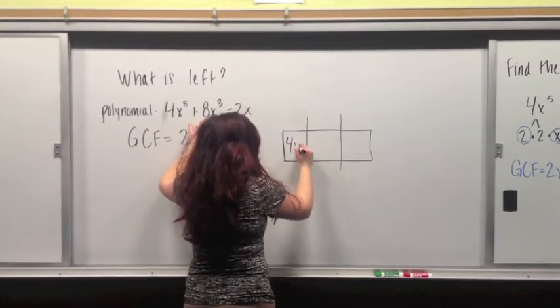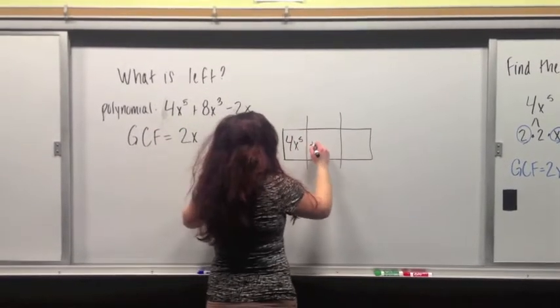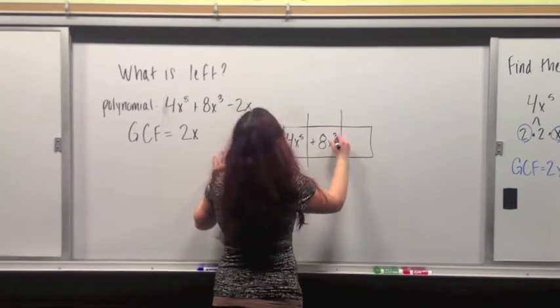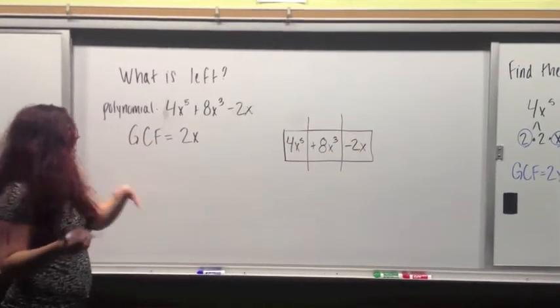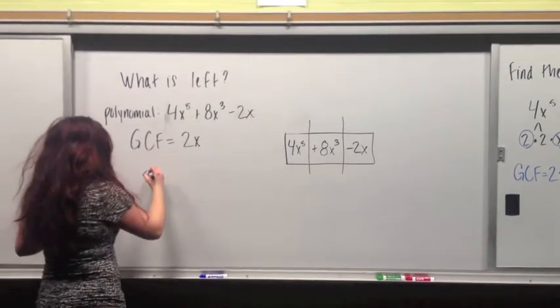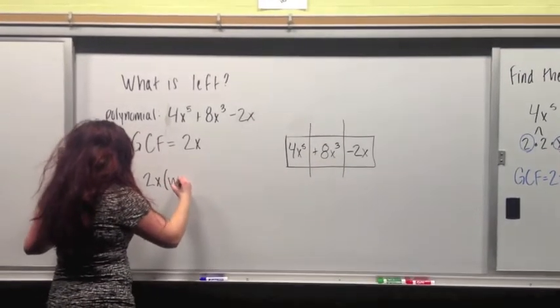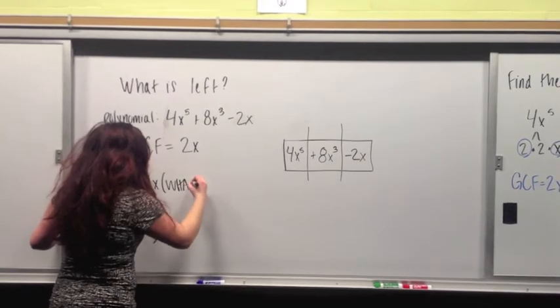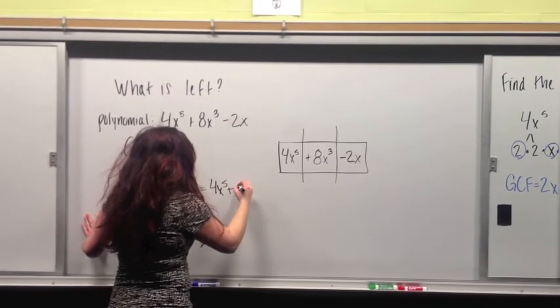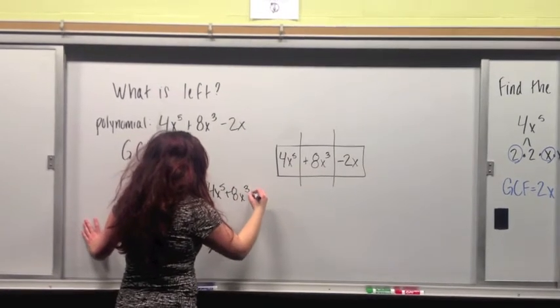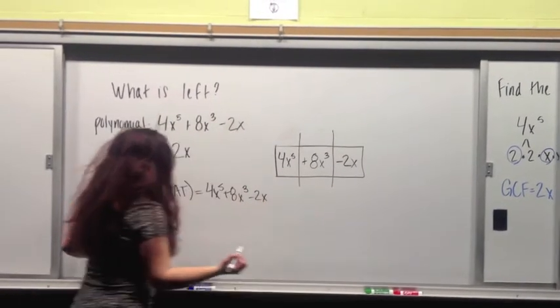So I'm going to write my 4x to the 5th, my positive 8x cubed, and my negative 2x right inside the pieces of my box. Essentially what we're trying to figure out is 2x times what equals our original polynomial, our 4x to the 5th, plus 8x cubed, minus 2x.